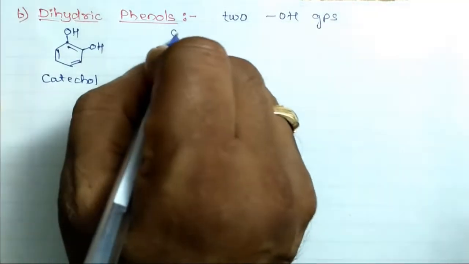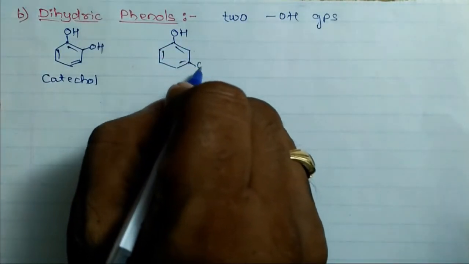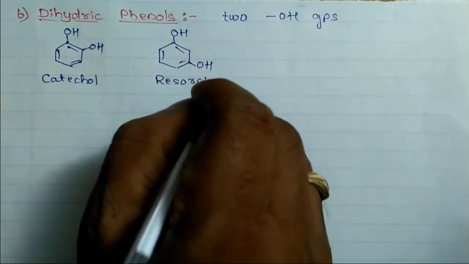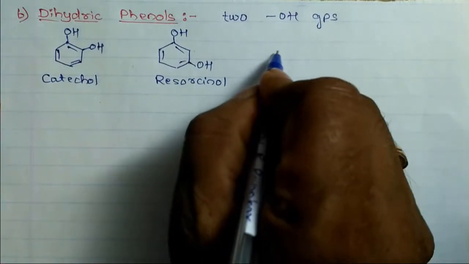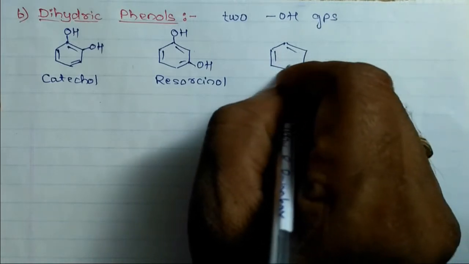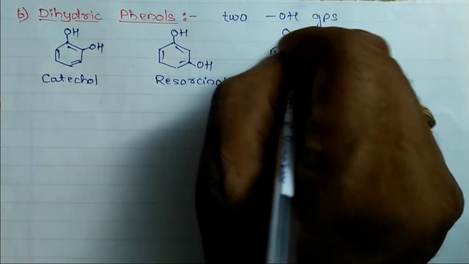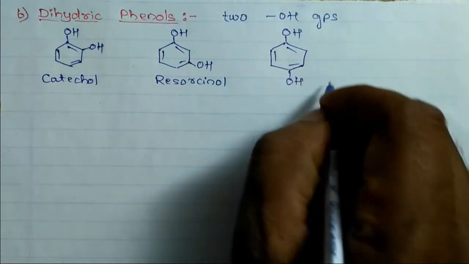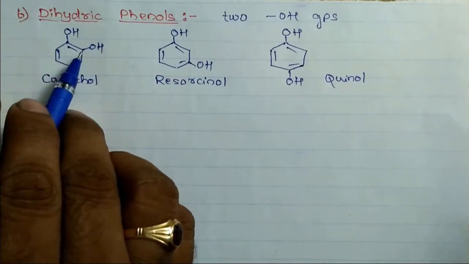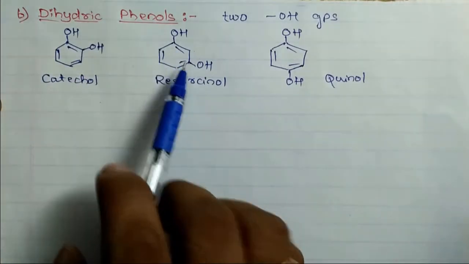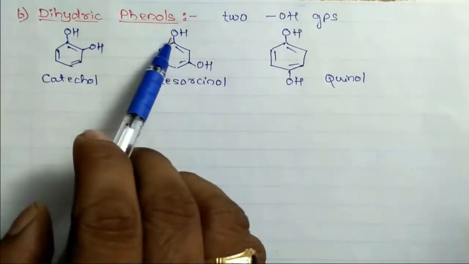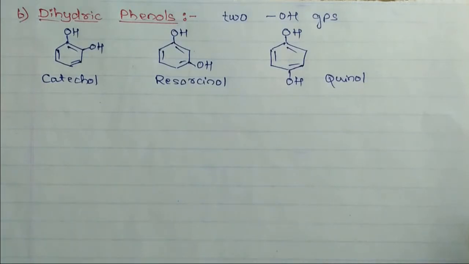This compound is resorcinol, benzene 1,3-diol. This is quinol. Catechol, benzene 1,2-diol. Resorcinol, benzene 1,3-diol. Quinol, benzene 1,4-diol. All these compounds contain two OH groups per molecule.